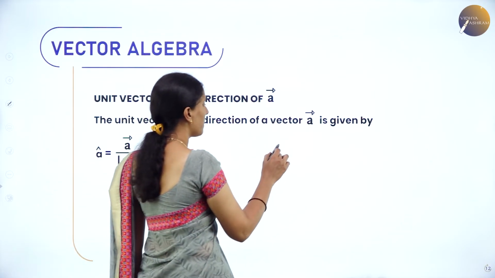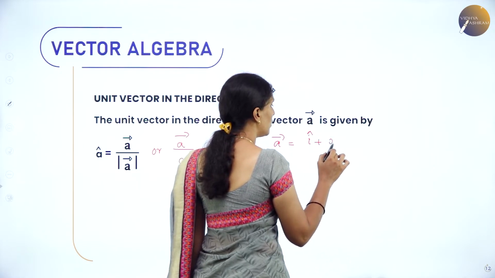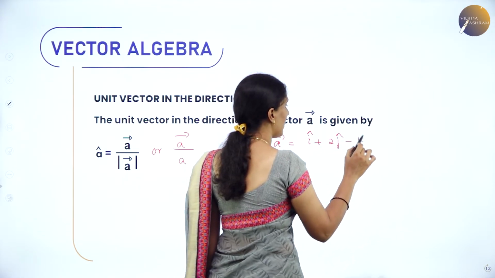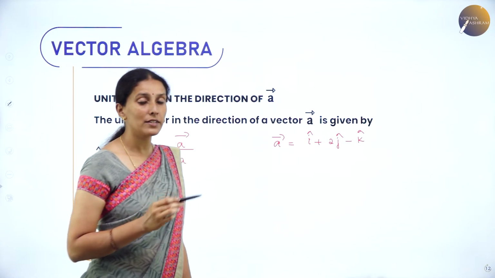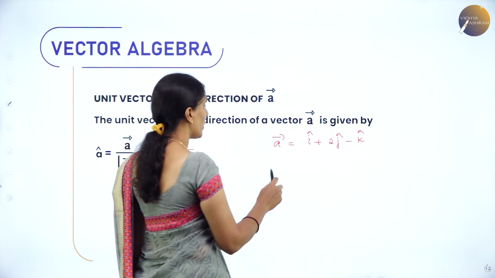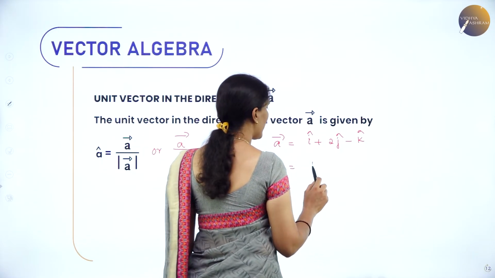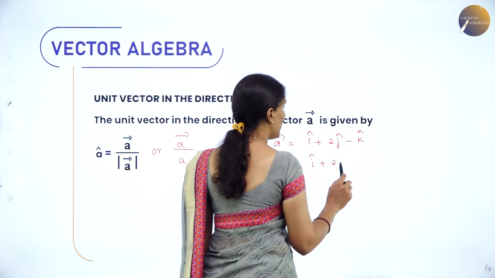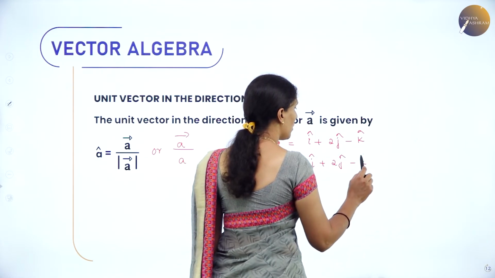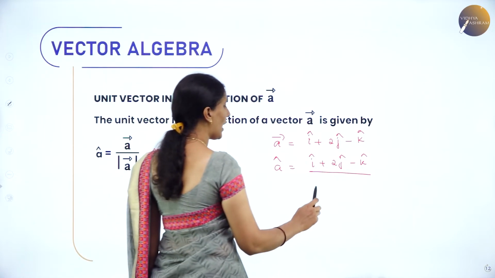Suppose I take vector A is equal to i plus 2j minus k. So this is the vector. Then what is the unit vector in the direction of this vector? Using this, A cap is equal to vector A. Write your vector A as it is, i plus 2j minus k, whole divided by the magnitude of the vector. How to calculate the magnitude?